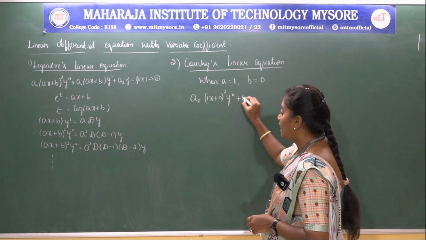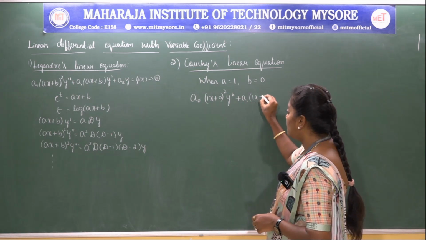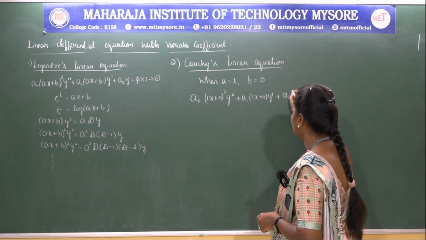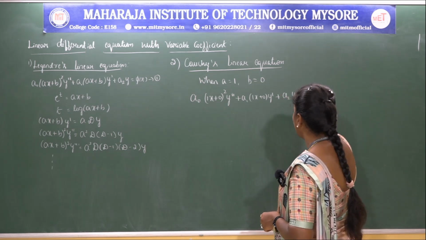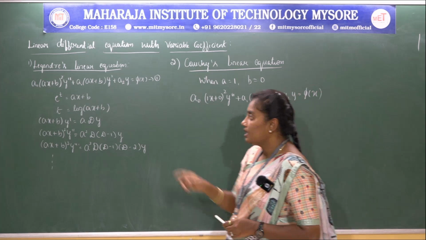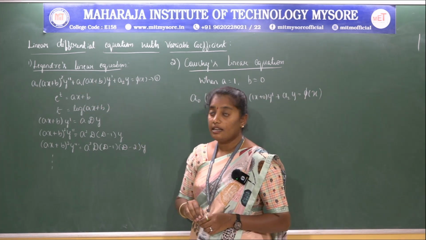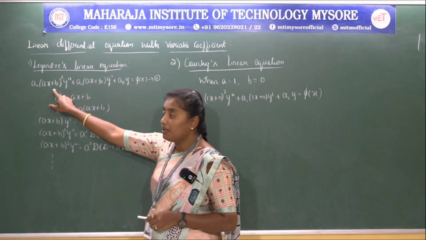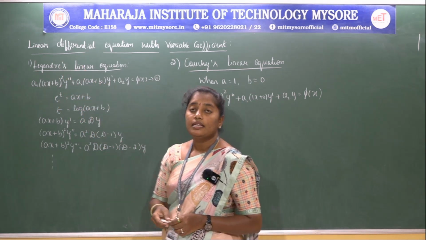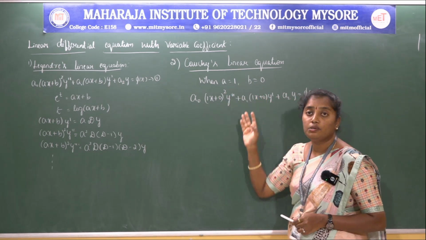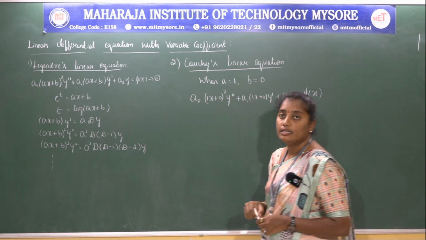The next term is a1 (1 into x plus 0) y dash, plus a2 y is equal to phi of x. In equation number 1, a0, a1, a2 are constant elements, and (ax plus b) whole square is the variable element. So on substituting a is equal to 1, b is equal to 0, we get this result.